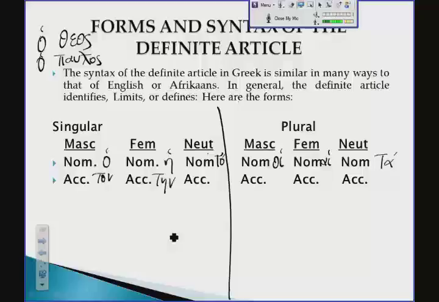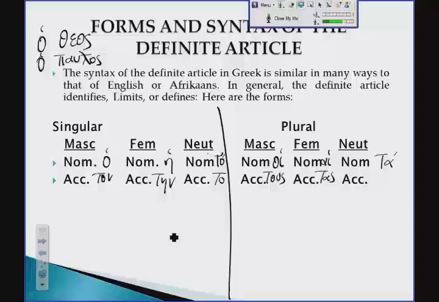The neuter will be to. You know the neuter all the time is mimicking that. Okay? And then in the accusative plural, you will have tous. Sorry, it looks like a theta there. It's not a theta, it's an omicron. Ton, and then plural, tous. The feminine, ten, and then you have tas.